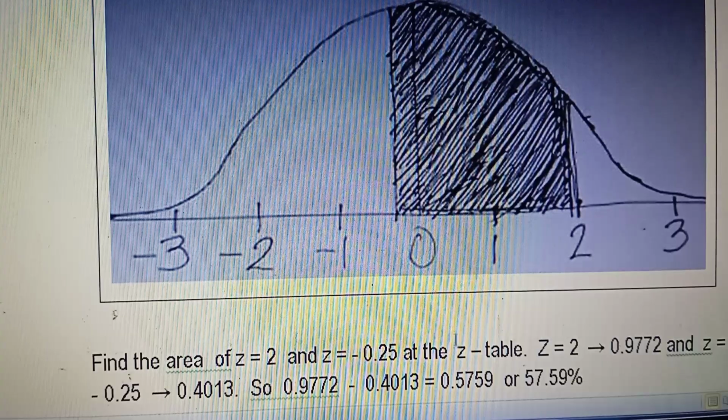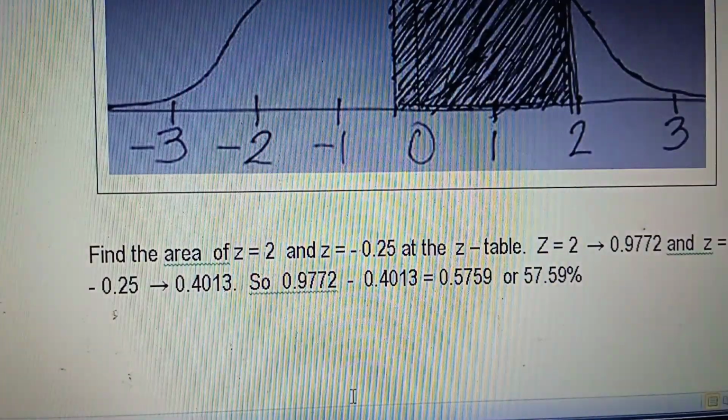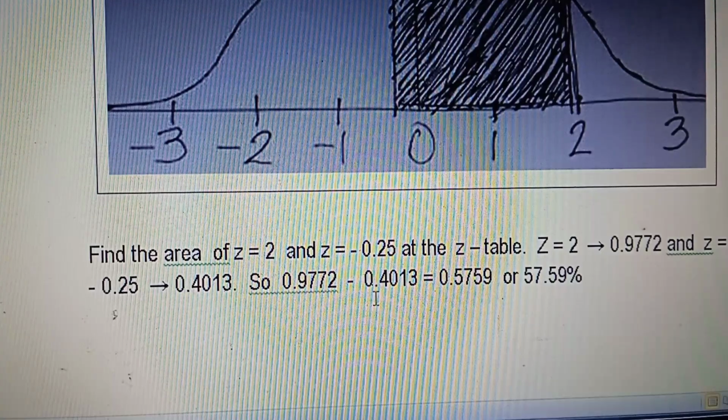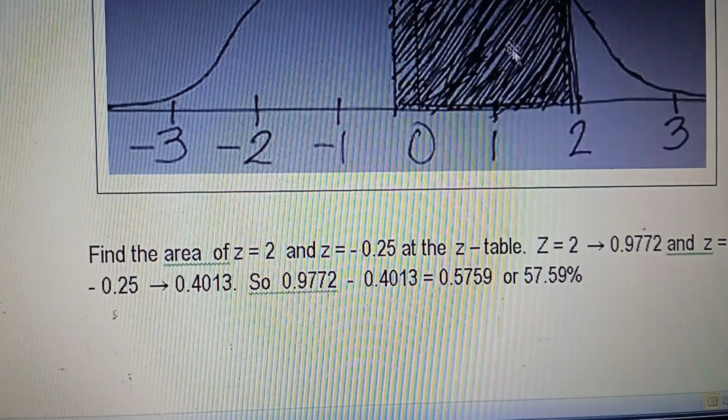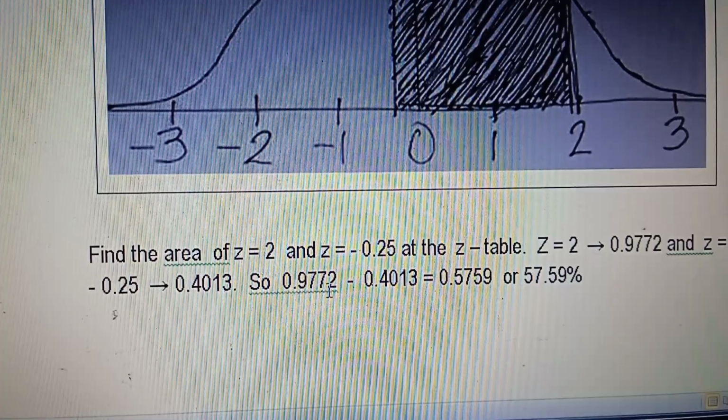So we subtract 0.9772 minus 0.4013, that gives us 0.5759, or 57.59% of the total area under the normal curve.